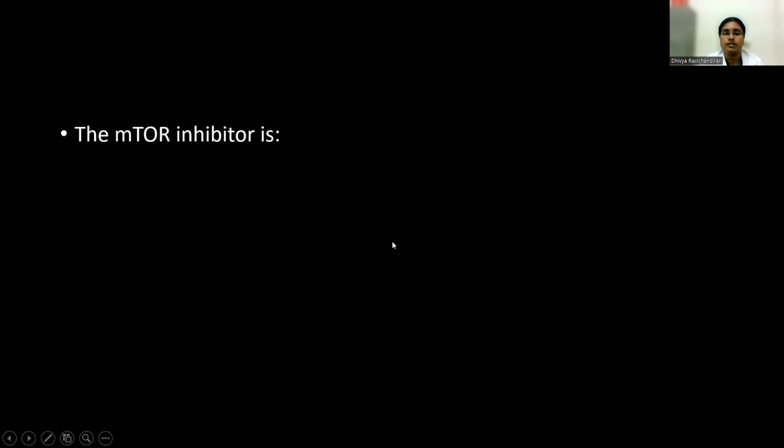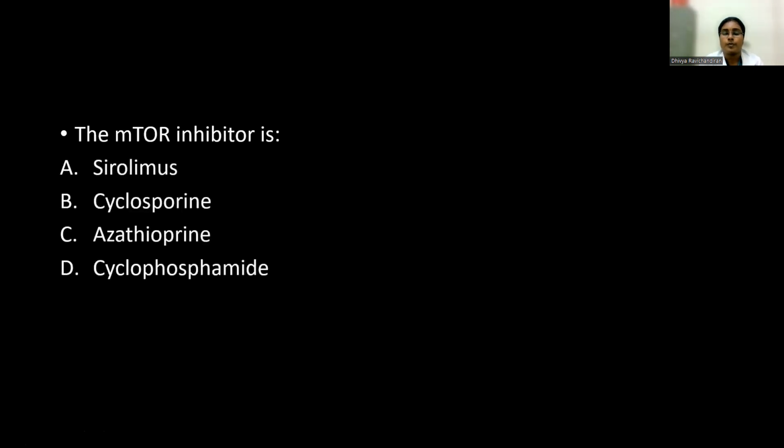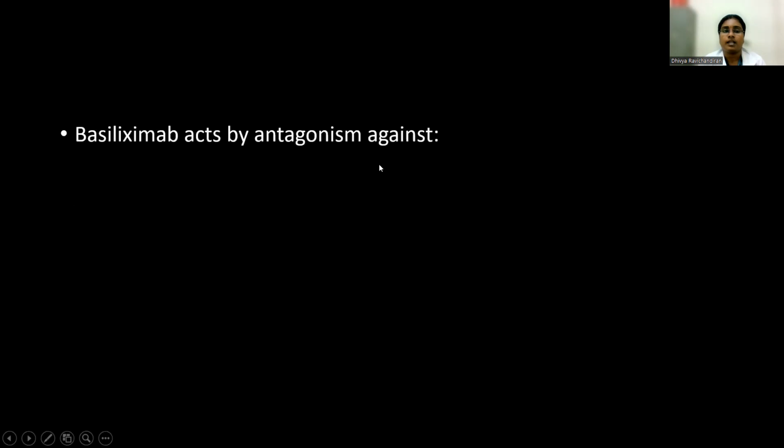The next question is: name the mTOR inhibitor. Options are sirolimus, cyclosporin, azathioprine, and cyclophosphamide. The answer is sirolimus. Next question: basiliximab acts by antagonism against which target?